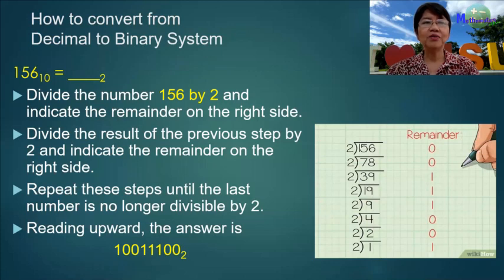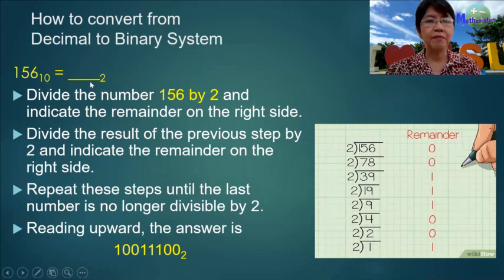Now, how do we convert from decimal to binary? Example, 156 base 10, and we will convert that to base 2. First, we divide the number 156 by 2 and indicate the remainder on the right, as in the illustration below.